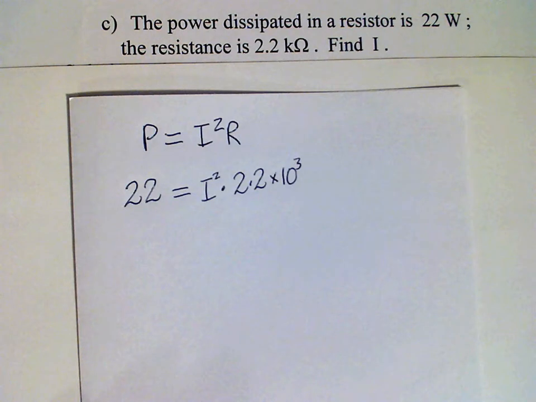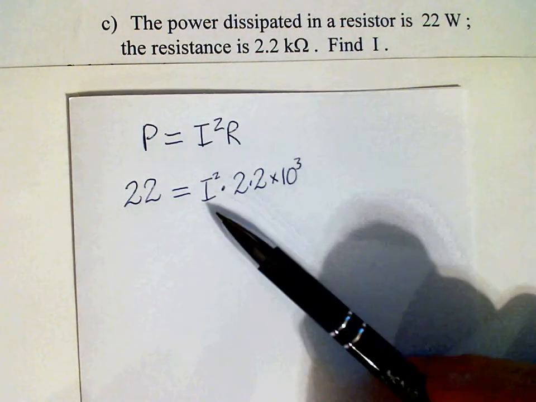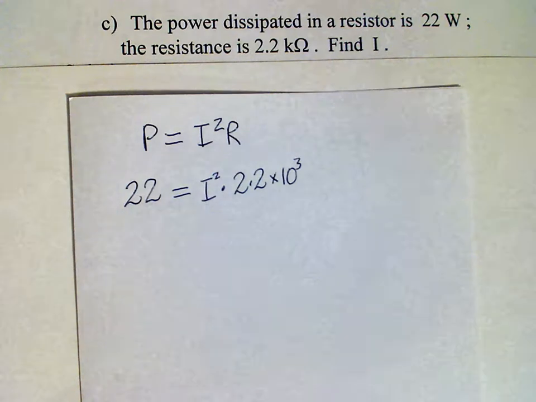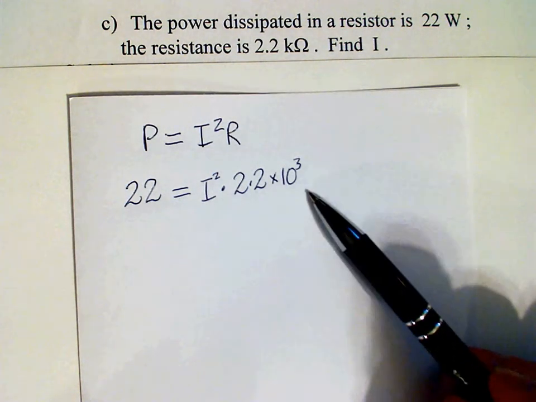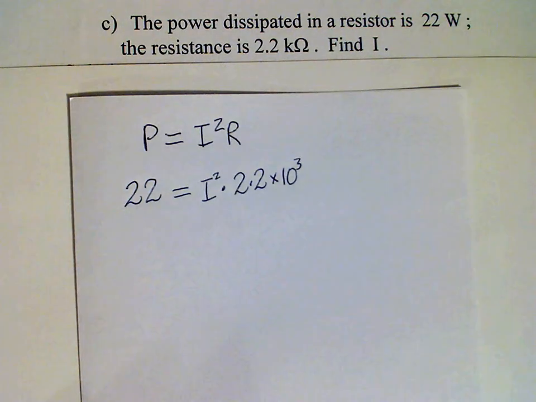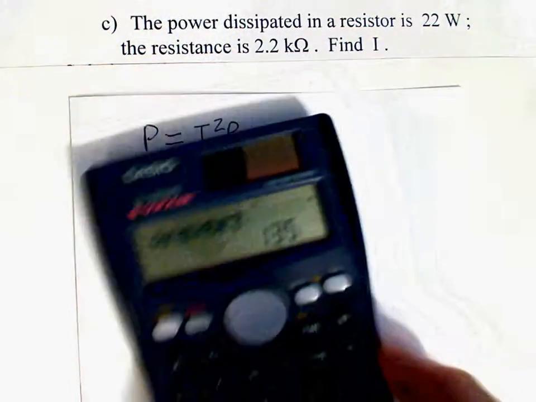So now I'm going to need to solve for this current. To do that, I'm going to divide by the 2.2 times 10 to the third.